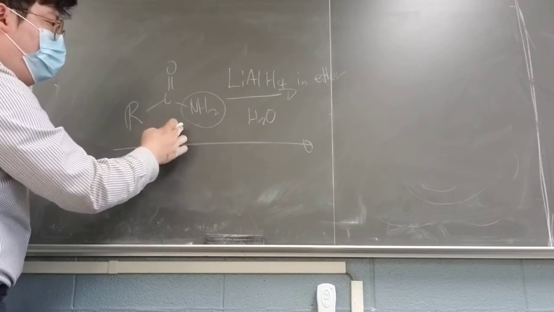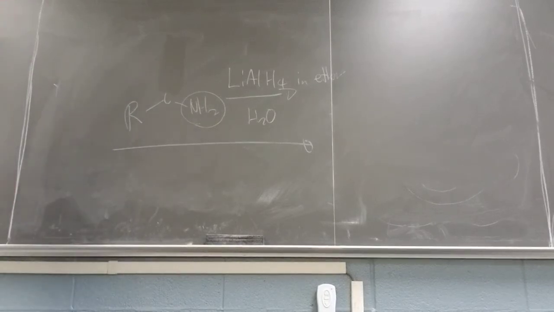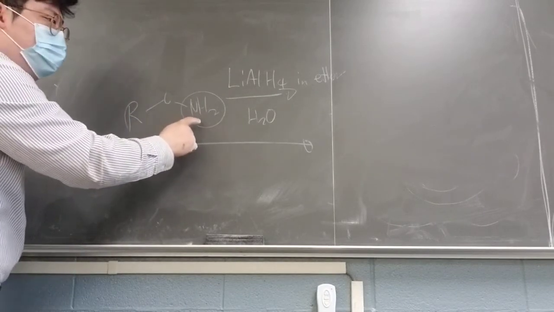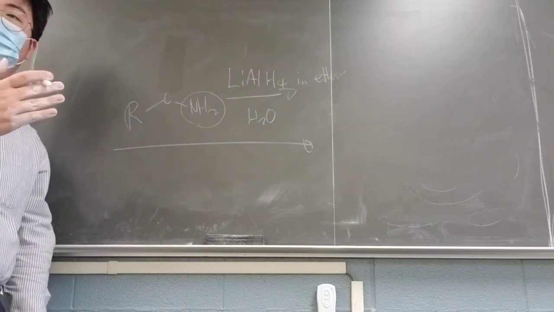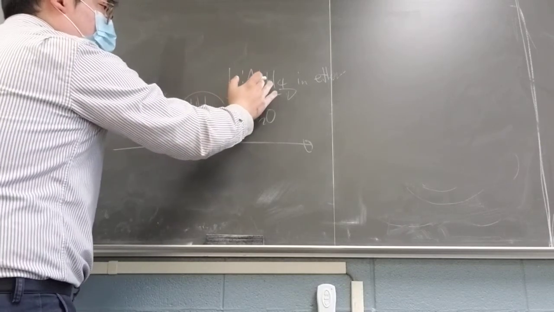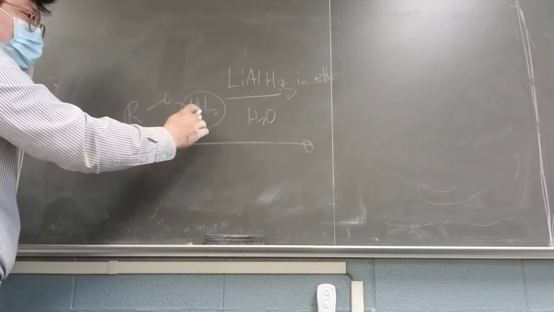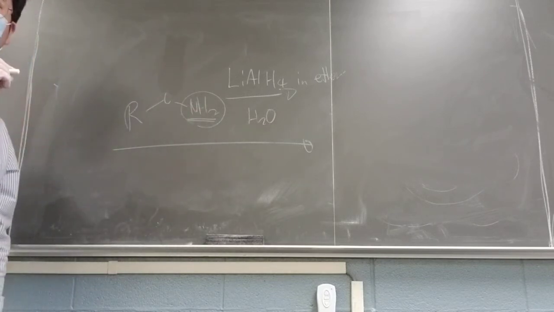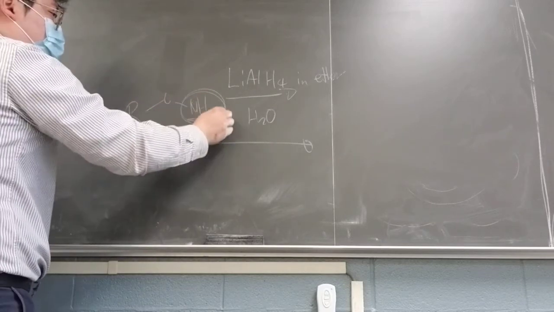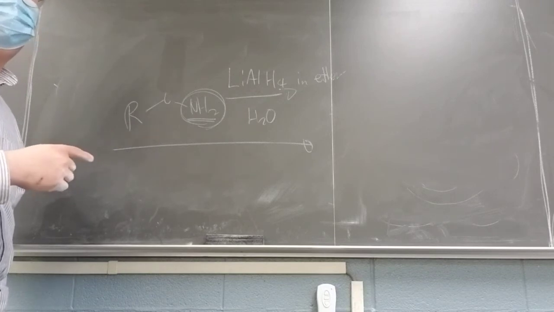For this one, this will not leave. This is one of the carboxylic derivative compounds that whenever you treat with lithium aluminum hydride, that will not leave. Can you guys guess why, based on what we learned in Orgo 1? The amine group on this amide is a very poor leaving group, so that's why it's not leaving.